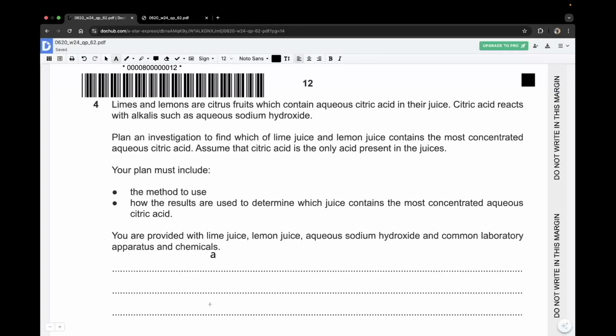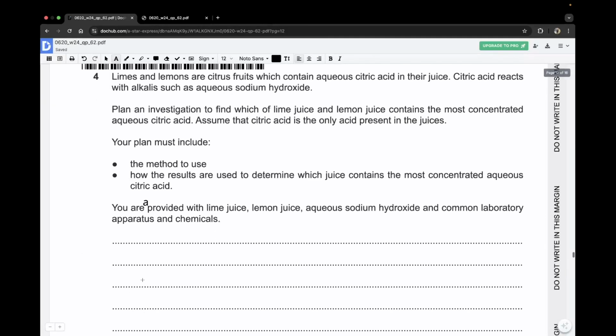So now, really all you need to do is write the process for a titration, but in terms of this lime juice and lemon juice and sodium hydroxide. And you just need to be really detailed, and I will tell you to use points for this, right, to ensure that you don't get confused, and so that the examiner can follow your points as well. So you need to mention the volumes as well. You can't just say, take a known volume. You need to mention the volume.